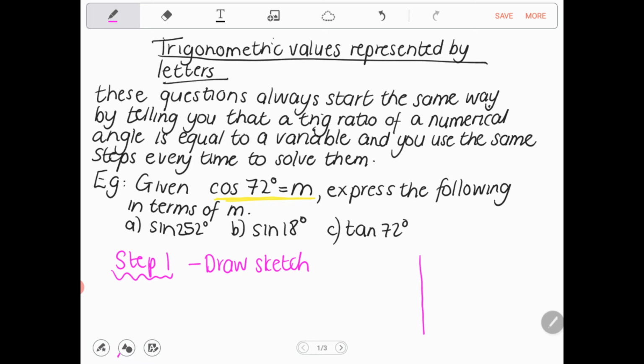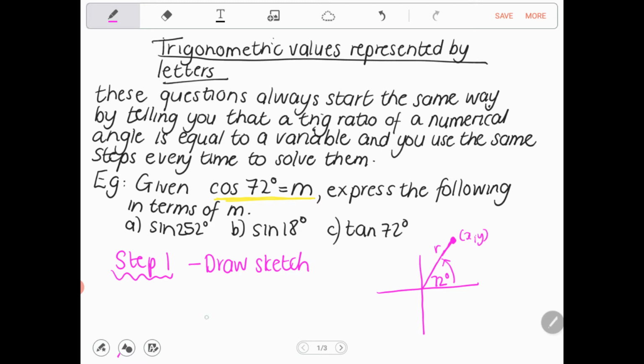So we're going to draw our Cartesian plane. We're going to put our 72 degrees because we know that 72 has to be in the first quadrant. And then we need x, y, and r when we have a diagram like that.